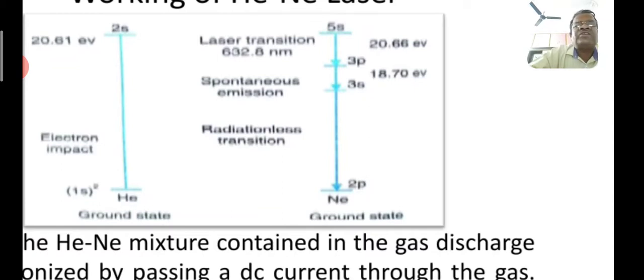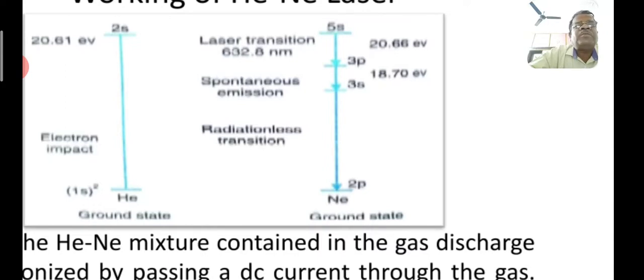At the 2s state level, when the helium atoms collide with neon atoms, they transfer their energy easily to the neon atoms. Thus, we get a large number of excited atoms in the 5s level of neon as compared to the 3p level. Therefore, population inversion takes place.